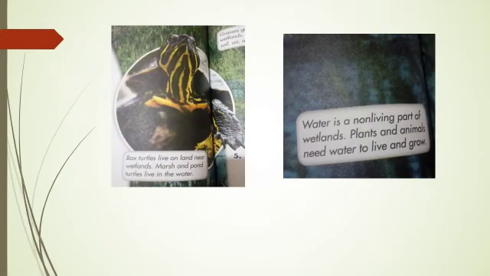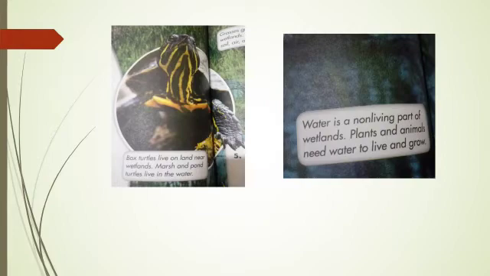Look at the pictures at page 206. What is this animal? It is a turtle. Very good. Please read the caption about this picture. Box turtles live on land near wetlands.